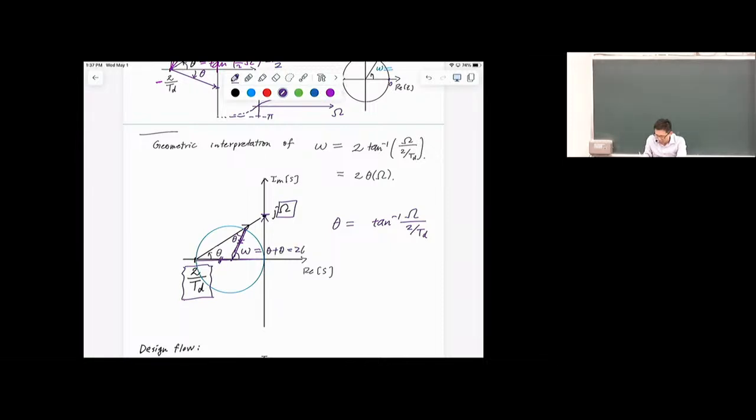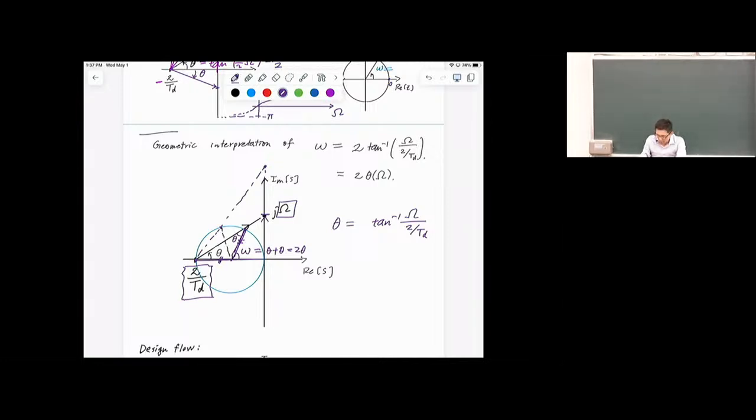So this is a nice geometric interpretation that tells you that, indeed, for every omega, you can simply connect omega with a straight line to this point right here on the S-plane, and then this line would intersect with the circle somewhere.